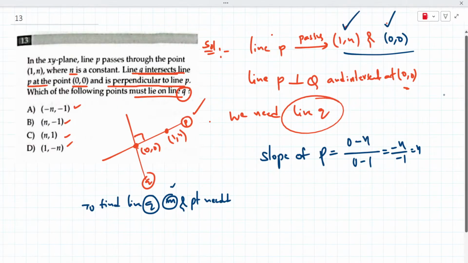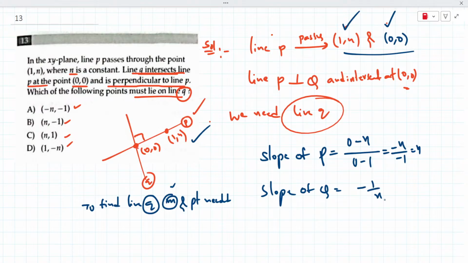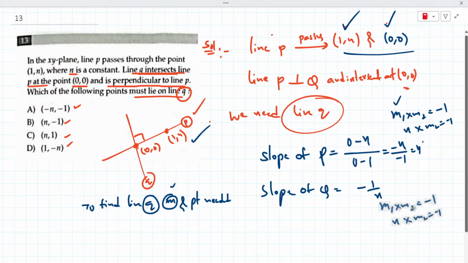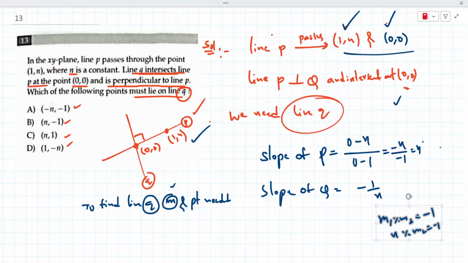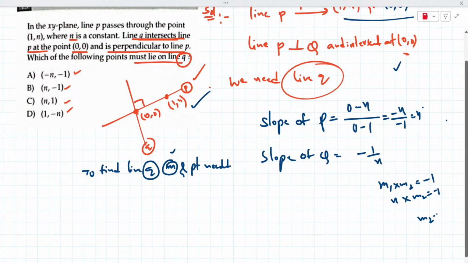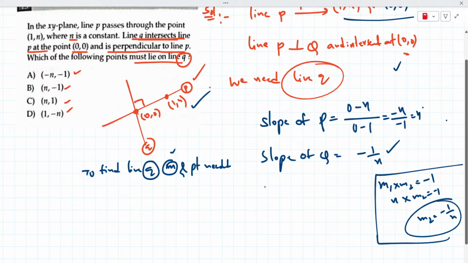So what is the slope of Q now? They are perpendicular, so the slope of Q must be negative 1 by n, the negative reciprocal. If you don't know how I got this, m1 times m2 equals negative 1. Here m1 is n, so n times m2 equals negative 1. Now m2 equals negative 1 by n. That's how I got the slope of Q.